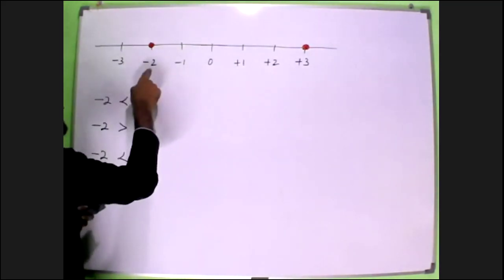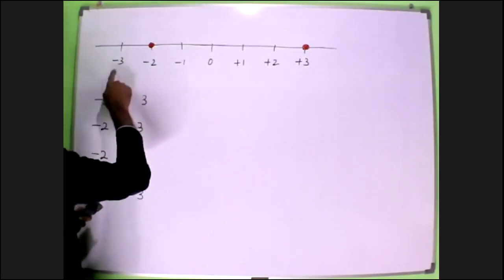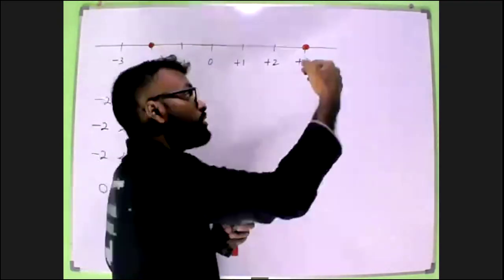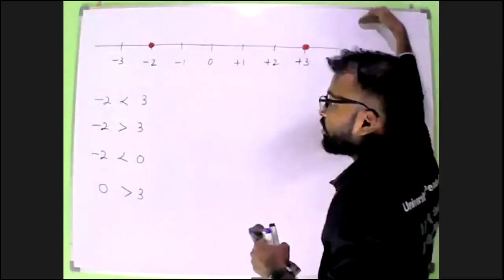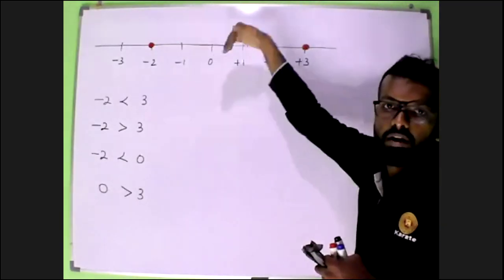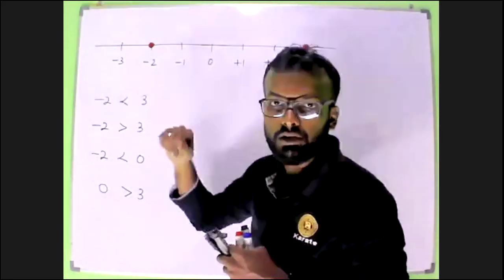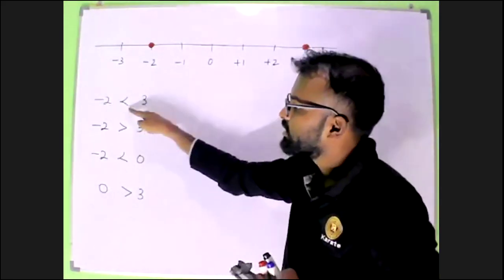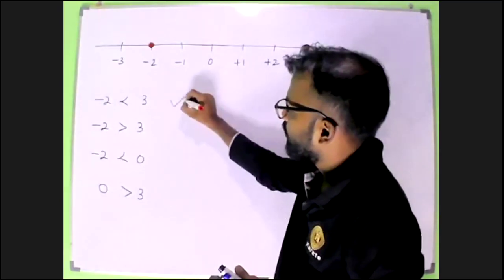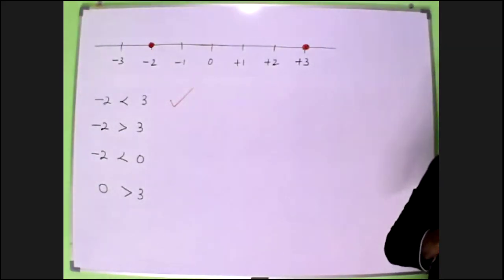Again, minus 3 is less than minus 2. So when you are going from the positive side to the negative side, the value is decreasing one by one, right? So minus 2 is less than positive 3. So it should be correct.